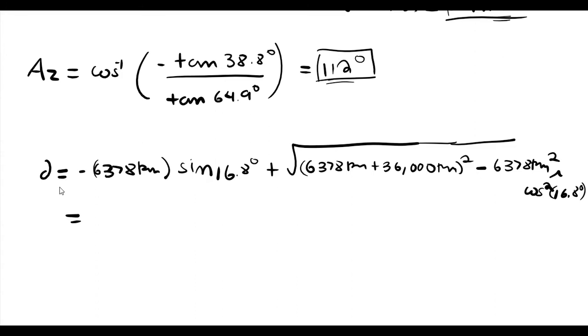Anyways, check natin. So, square root 6378, 36,000.